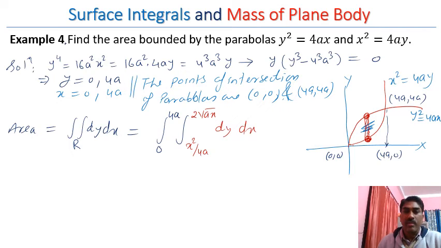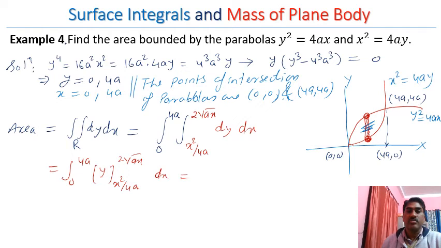So variable limit of y, we have variable limit of y, so integrate y first, you will get 0 to 4a, and then dy will integrate to y, so y, and the limits are x square by 4a, then 2 root ax, and dx. So just put 0 to 4a and 2 root ax minus x square by 4a.